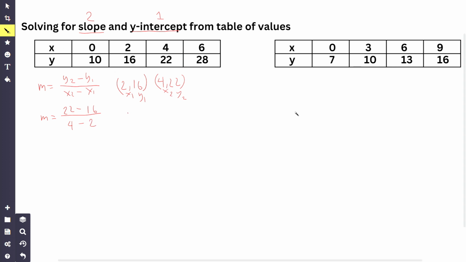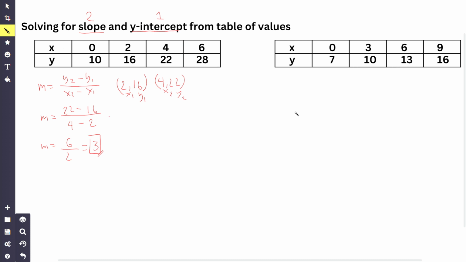I hope you can still follow here. Now let's continue. So m equals, what's 22 minus 16? That is 6, over what's 4 minus 2? That's obviously 2. Now, m is equal to 3. So we're done with our m. It's actually 3.